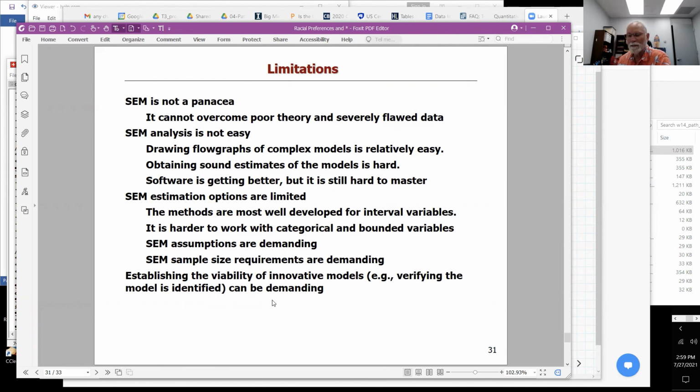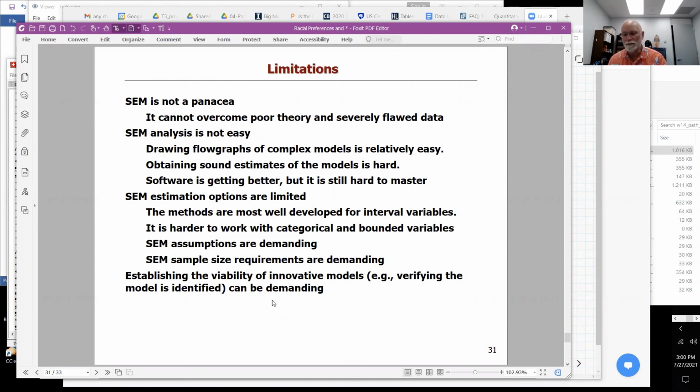To estimate the model, you will have to make strong declarations about the nature of the framework, the measurement model and the structural model. And those strong declarations may be open to dispute. As long as they're open to dispute, you don't have any faith in the results.